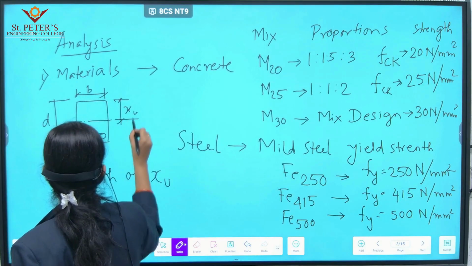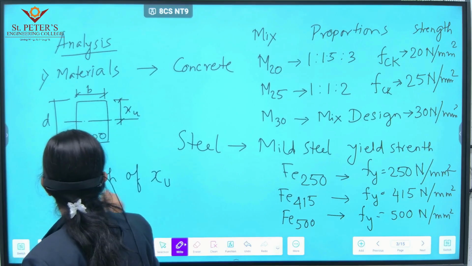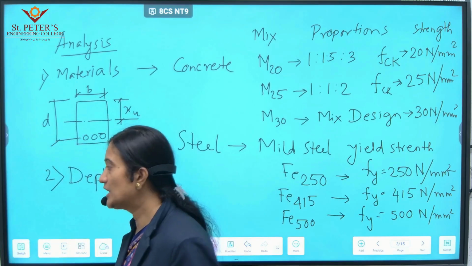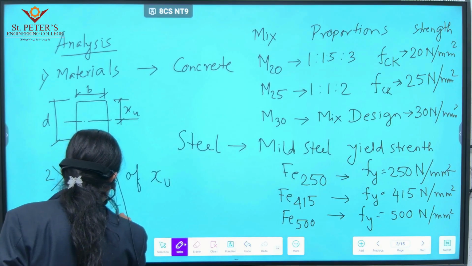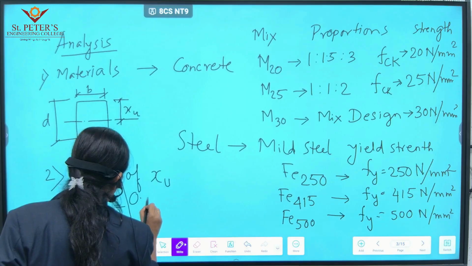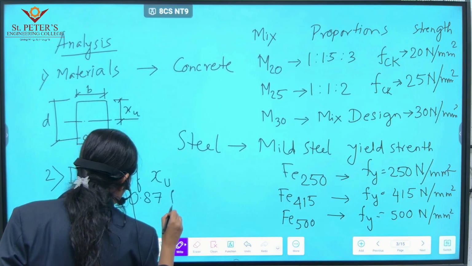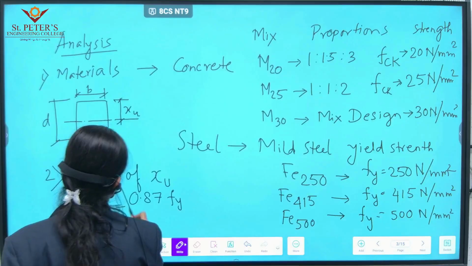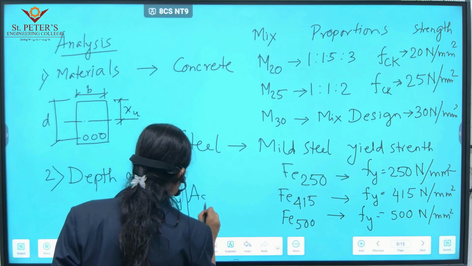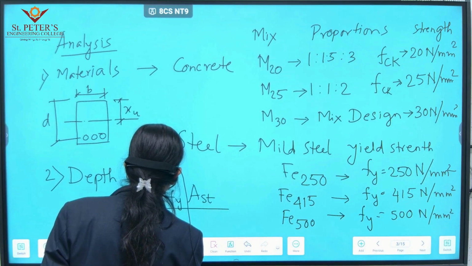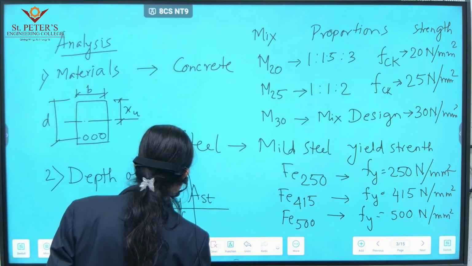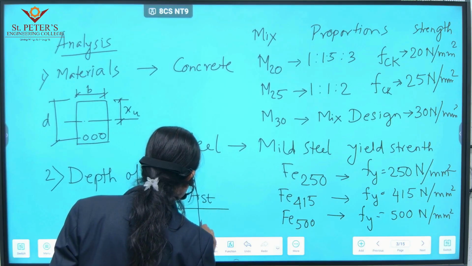So the Xu value has to be calculated. The formula for Xu is Xu equal to 0.87 Fy Ast by 0.36 fck b.